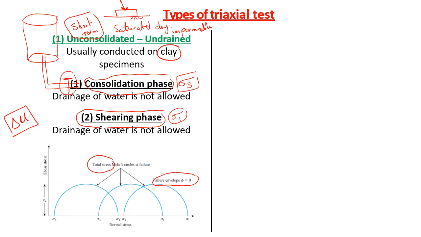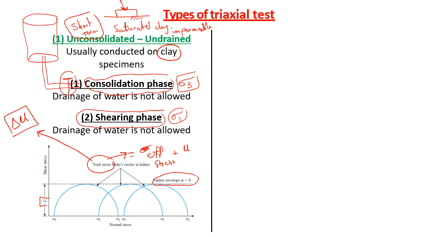The total stress is the effective stress plus the pore water pressure. Since new values of pore water pressure are generated in this test, you must say that these Mohr circles or the failure envelope are in terms of total stresses.